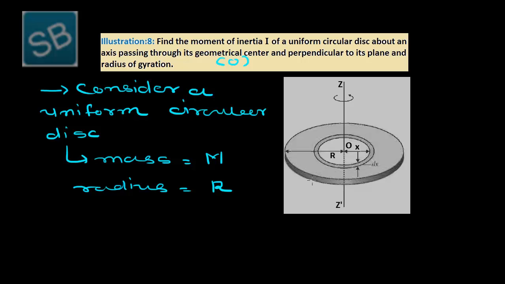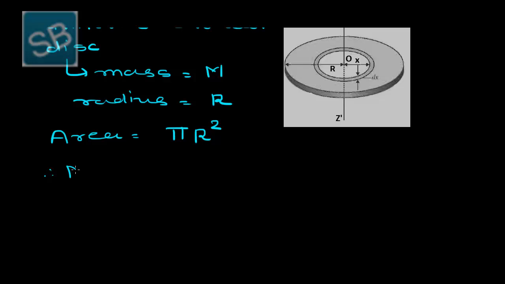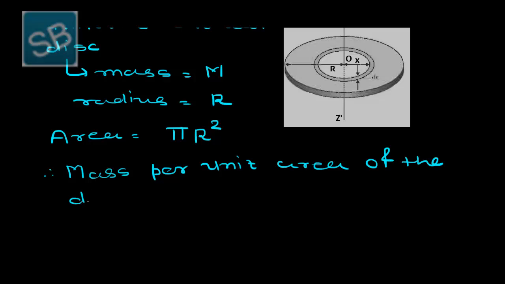to the plane. Now if you want to find out the area of such a disk, it is very easy because this is nothing but the area of a circle, that means pi r square, and so the mass per unit area of the disk is equal to sigma.